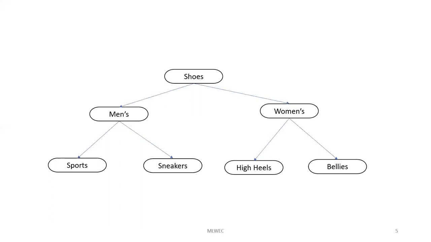So here there is a parent node, shoes, and 2 children, men's and women's. Every child has one parent, and women's also has one parent, but this parent has 2 children. So just try to understand this relation.